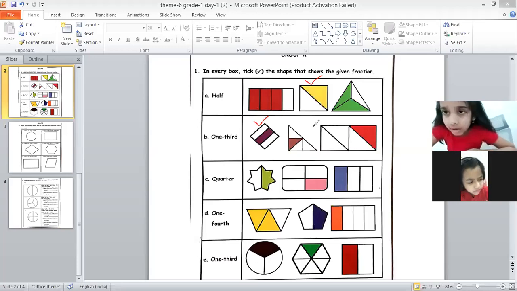Tarini, which shape am I talking about? Can you tell me which shape I am talking about?